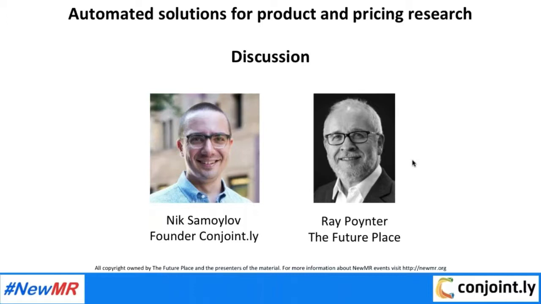But then as their research questions progressed, and as they were thinking more about their customers' needs, they realized they also need to do a couple of Gabor-Granger experiments with certain modifications. And that was all possible with Conjointly. And just to remind the listeners, discrete choice is one of the conjoint techniques.